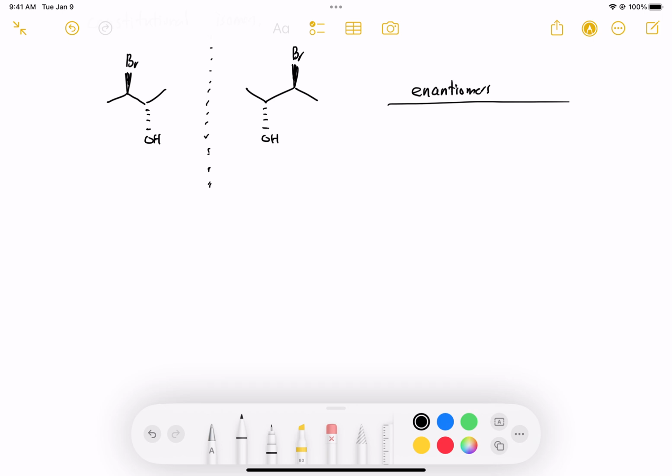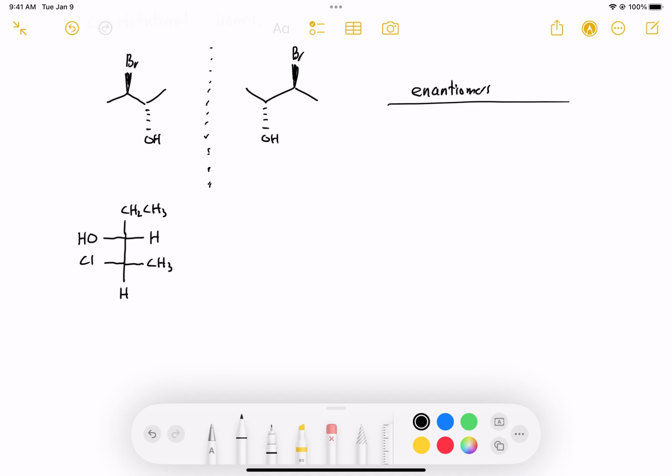All right, let's try a Fischer projection. You can also assign R and S. That's totally fine too, but sometimes that's not necessary in the interest of time here because you only get 50 minutes. Okay, so we get Cl, and then I believe another H here.